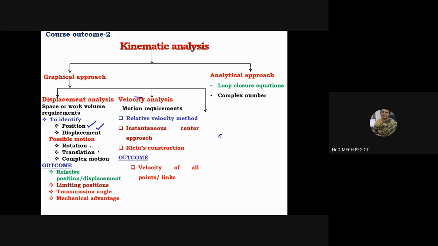For example, coming to an example from mechanisms, suppose you have a 4-bar mechanism, link number 2 and link number 4, which are pivoted here, connected to fixed frames here, they will have pure rotation, which could be a full rotation covering 360 degrees or a partial rotation, oscillation.